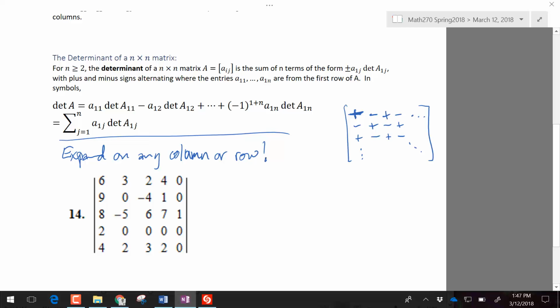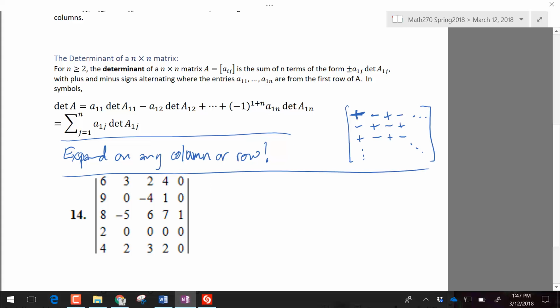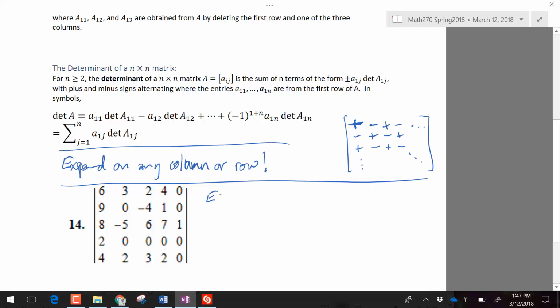That's what that last theorem said, where they introduced cofactors. When you're expanding on any column or row, you want to pick as many zeros as possible. If I take a look at this, the last row has zeros. So for this particular example, I would most certainly be interested in expanding on the last row or last column.